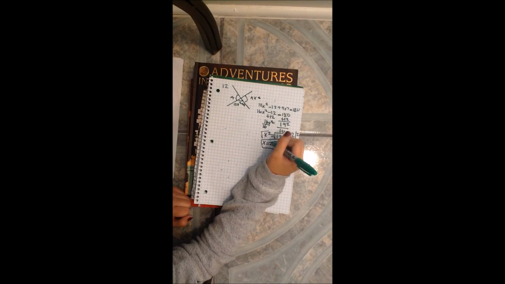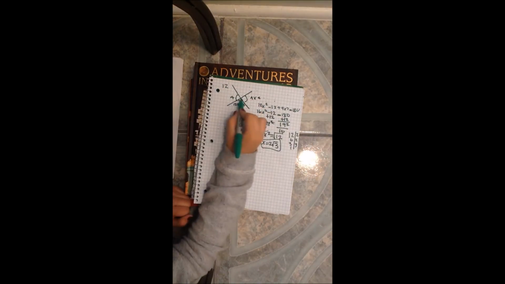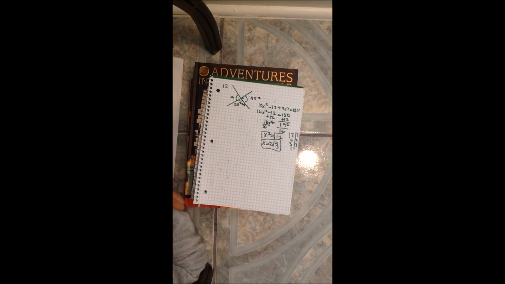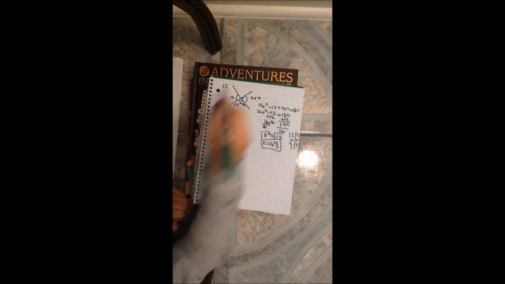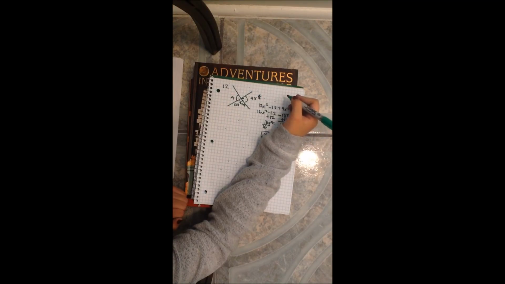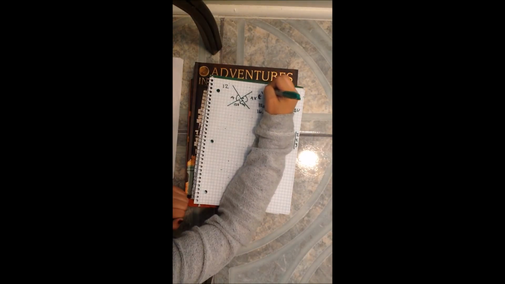So now that you have your x, this side has to equal this side, so if this side is equal to x squared, which is 12, so 12 times 4, which equals 48.